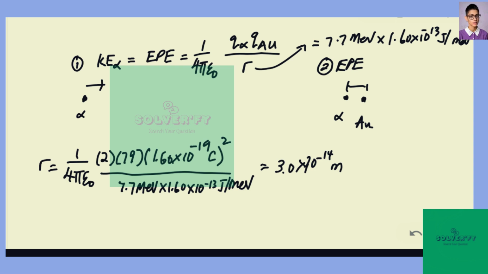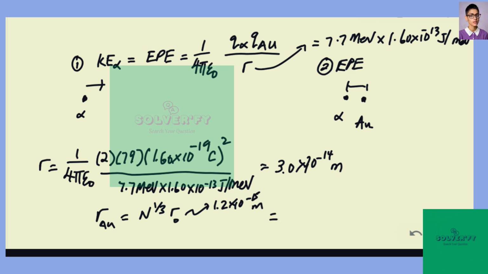Comparing it to the size of our gold nucleus, for the radius we use a formula that takes into account the nucleon number to the power of 1/3 times R naught, where R naught is a constant of 1.2 times 10 to the power of minus 15 meters.